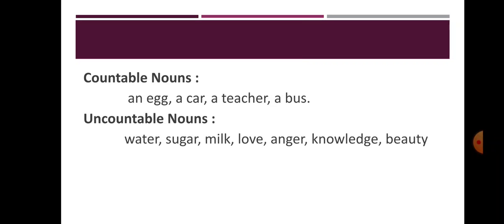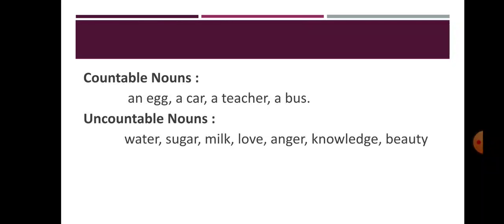So if you talk about one person or thing like 1 egg or 1 car, then that's a singular noun. And if you say 3 teachers and 4 buses, those are called plural nouns. Isn't it, children? Uncountable nouns cannot be counted in this way. Nouns like water, sugar, milk, love, anger, knowledge, beauty are some examples.